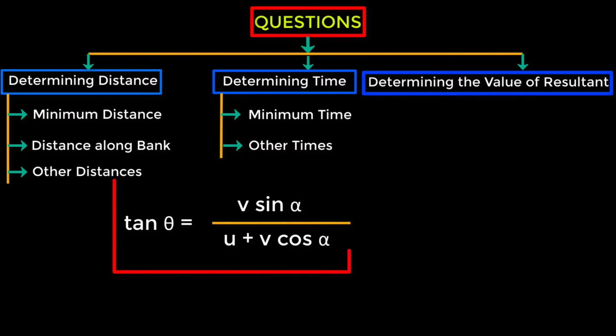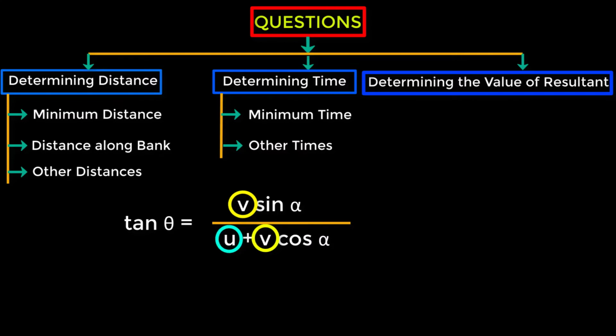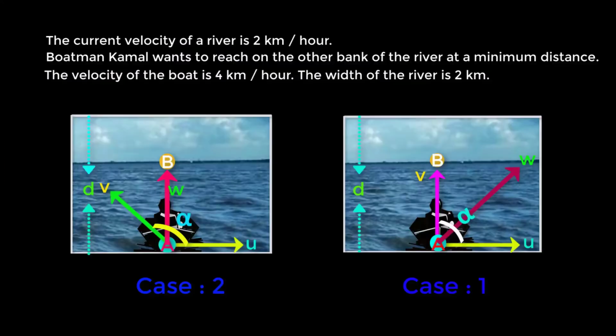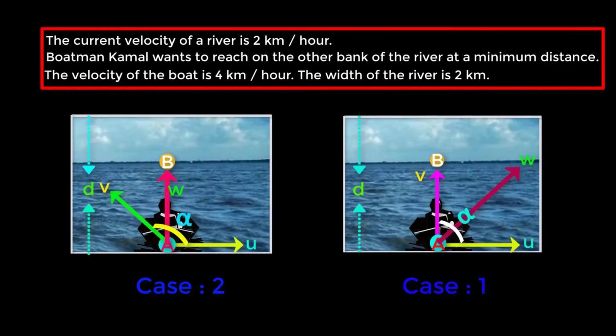See, in this formula, alpha is present. Here, the value of theta will always be 90 degrees. We will get the values of u and v from the question. By using all the given data, we can easily get the value of alpha. So, for this problem, we will always try to apply this formula. Look at this example now.